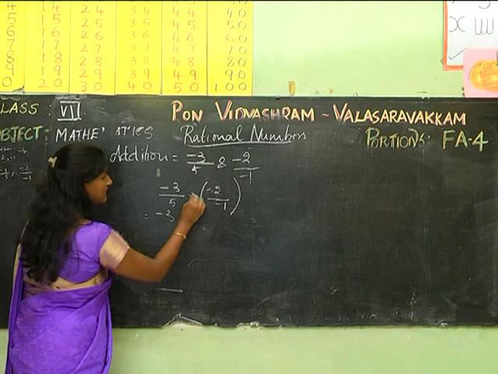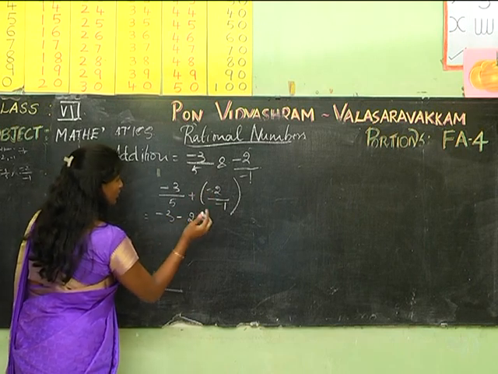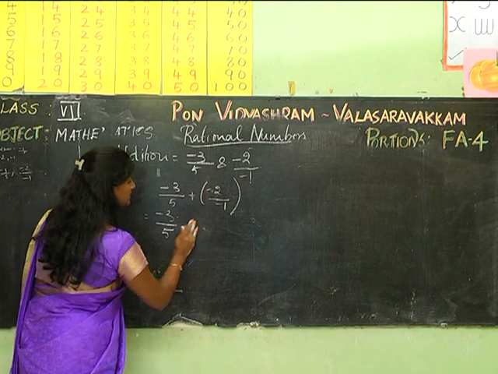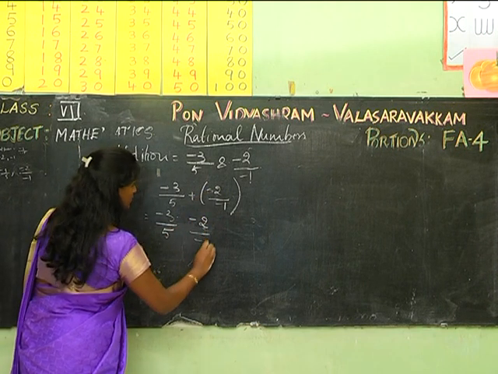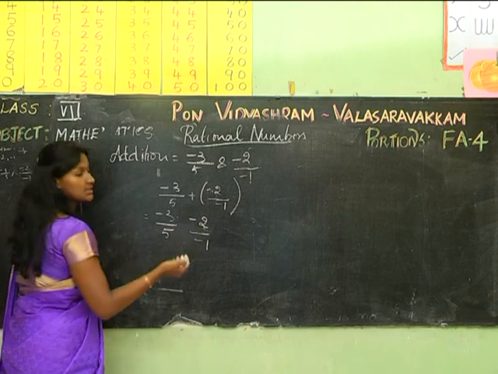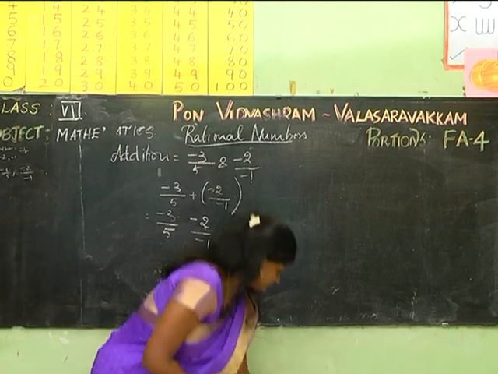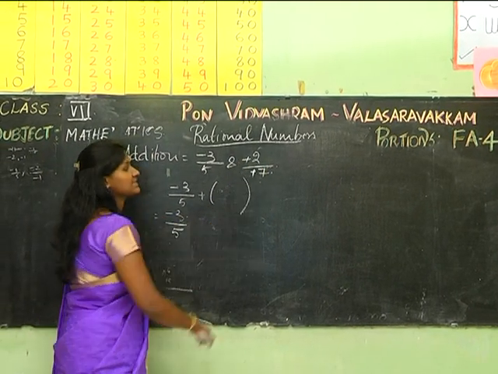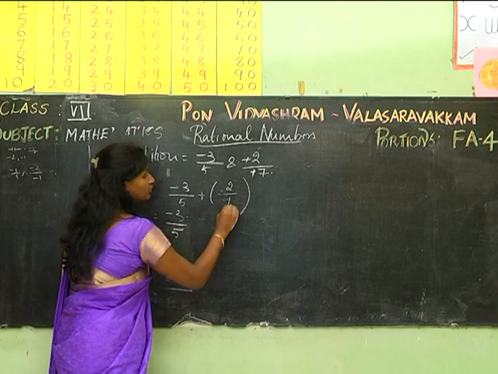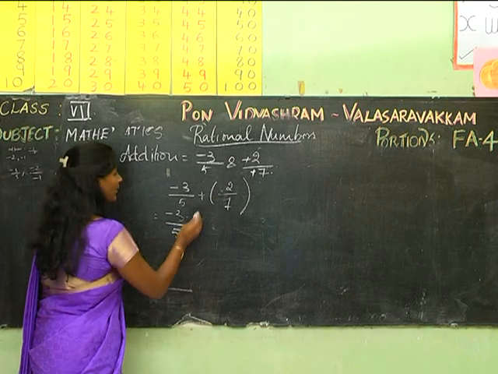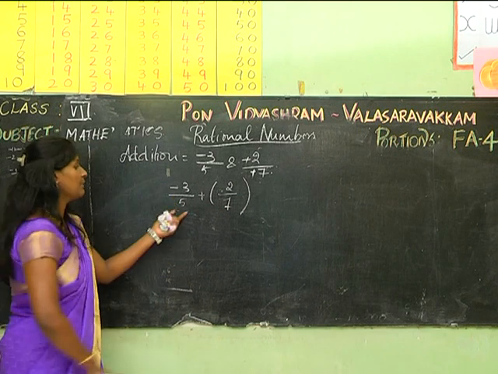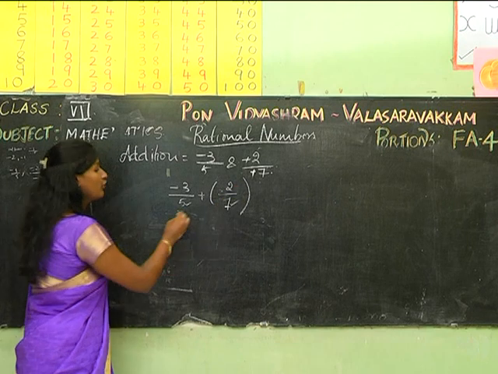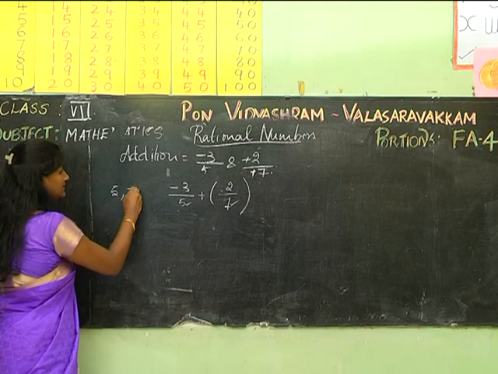Minus 3 by 5, plus into minus, minus 2, and plus into minus, minus 2 by minus 1. In this rational number, the minus and minus signs will get cancelled and it leads to 2 by 7. So for the addition of minus 3 by 5 and plus 2 by 7, first we are supposed to take the LCM of the denominators, 5 and 7.